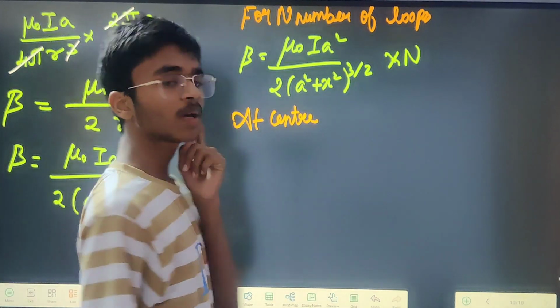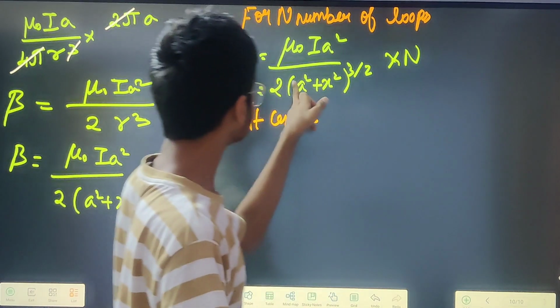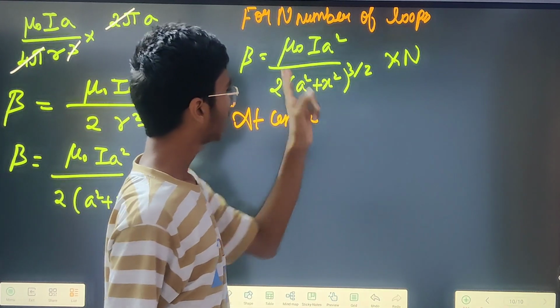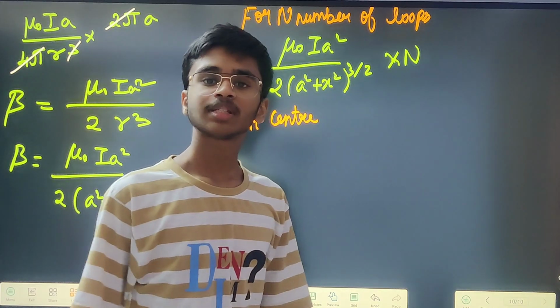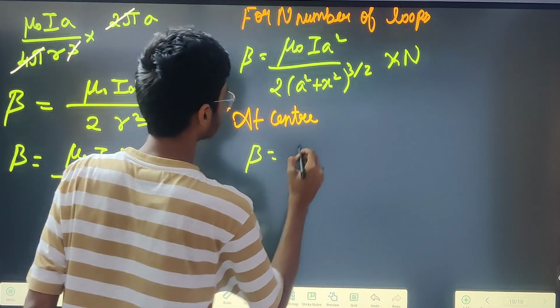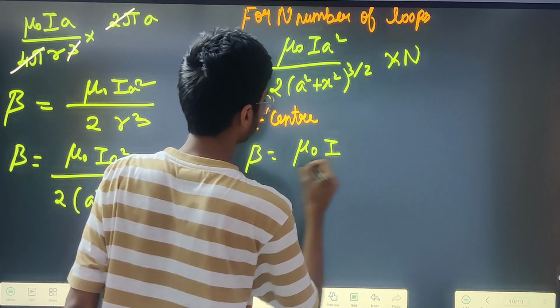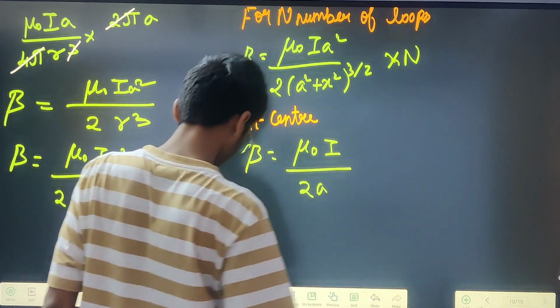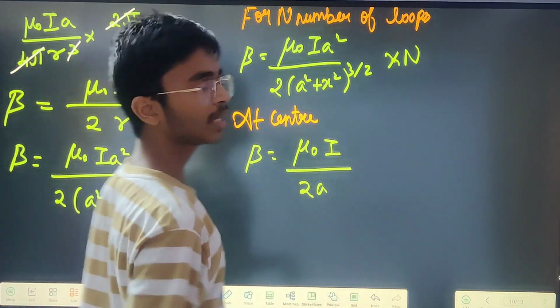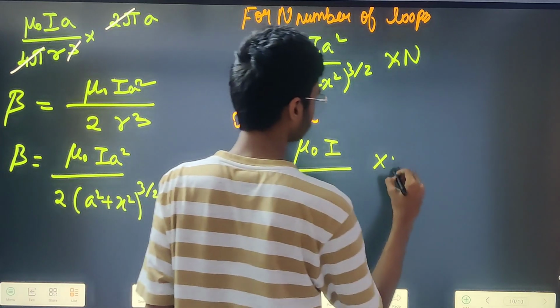So A square only will be there. Here the square is there, and also here the square is there. They will both be cancelled. Then it will be A cube and the square, so it will be just A, and in the numerator there won't be any A at all. So B is equal to mu naught I divided by 2A. And for n number of loops, you can multiply by n.